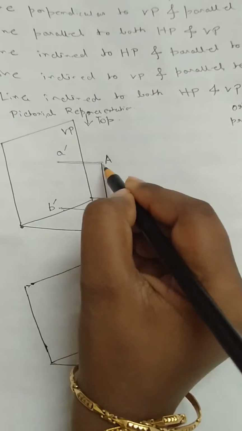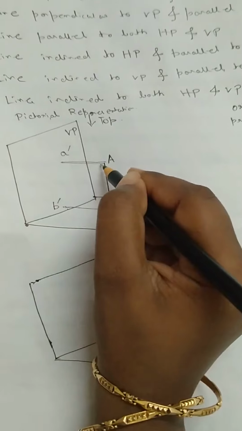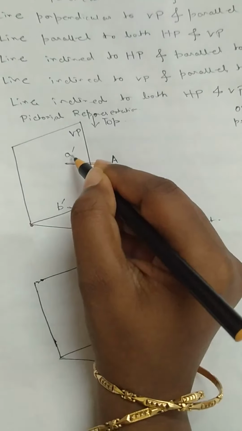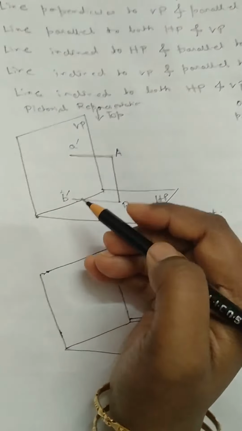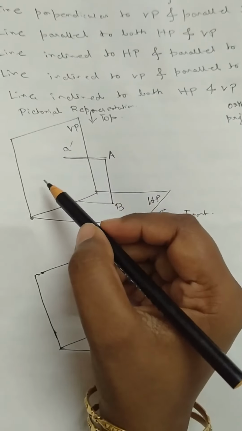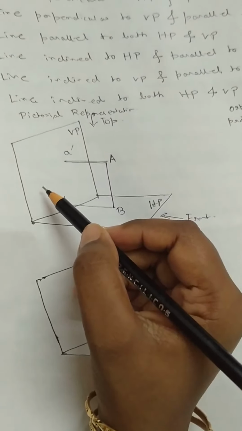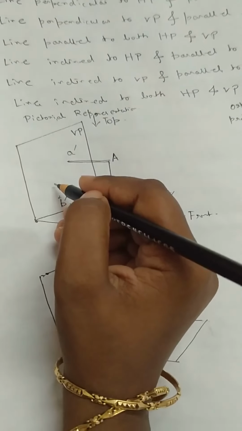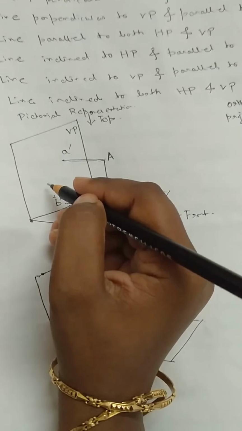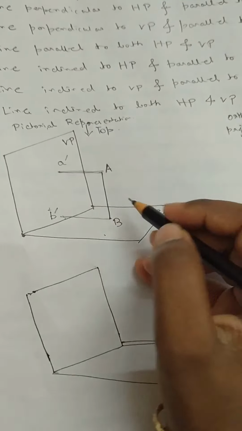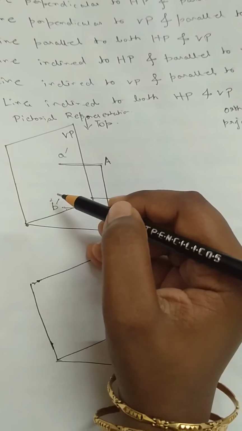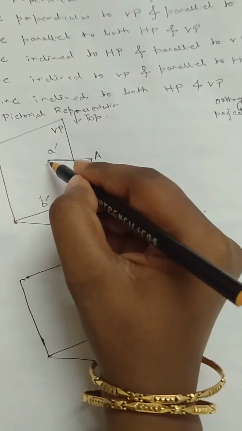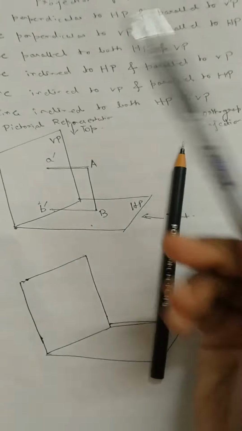I hope everybody is now familiar with why I put this dash, because for top view there will be no dash, and for front view there will be dash for first angle projection. So now I am going to join this line.